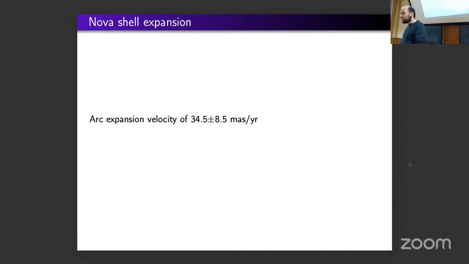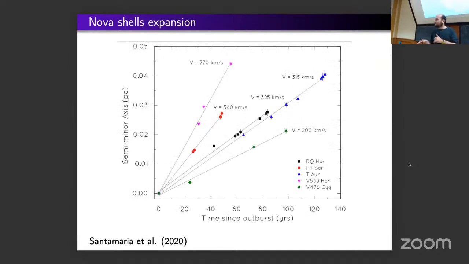Now the question remains: the expansion velocity is equal to that right now, but people are assuming that when you have a nova shell expanding in the interstellar medium, it slows down, right? It sweeps up the interstellar medium, and by conservation of energy, it has to slow down because it picks up more mass.